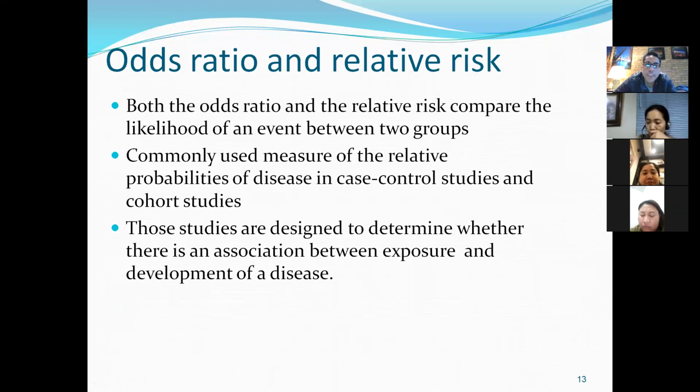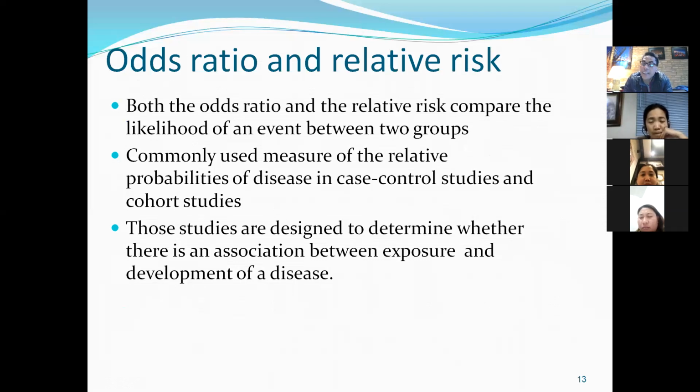When do we use the odds ratio, this epidemiological stat, versus the relative risk statistics? Well, these two are commonly used measures of the relative probabilities of disease in case control studies and cohort studies.